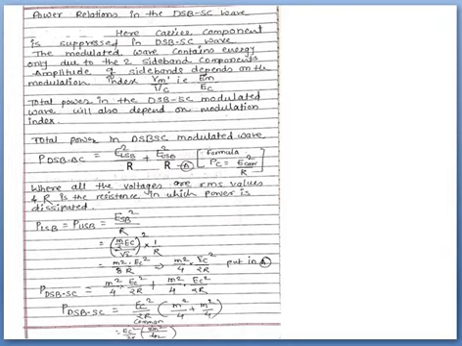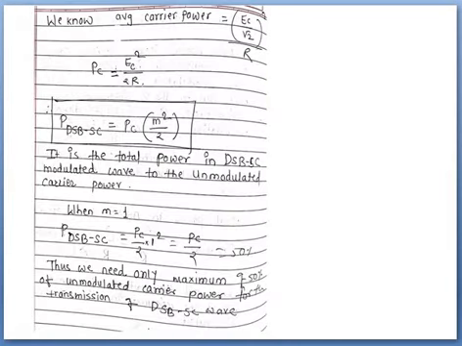So P DSB SC is equal to E square LSB upon R plus E square USB upon R. As we know the formula, P is equal to E square upon R, where all the voltages are RMS values and R is the resistance in which power is dissipated. So replace E square of sidebands upon R with these values and we simplify the equation as EC square upon 2R into m square divided by 2.